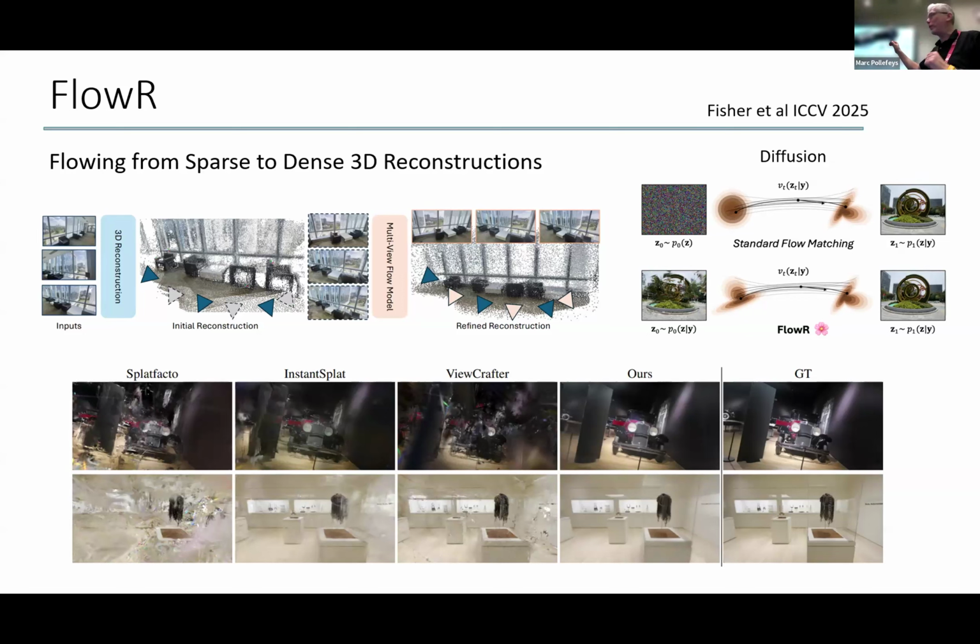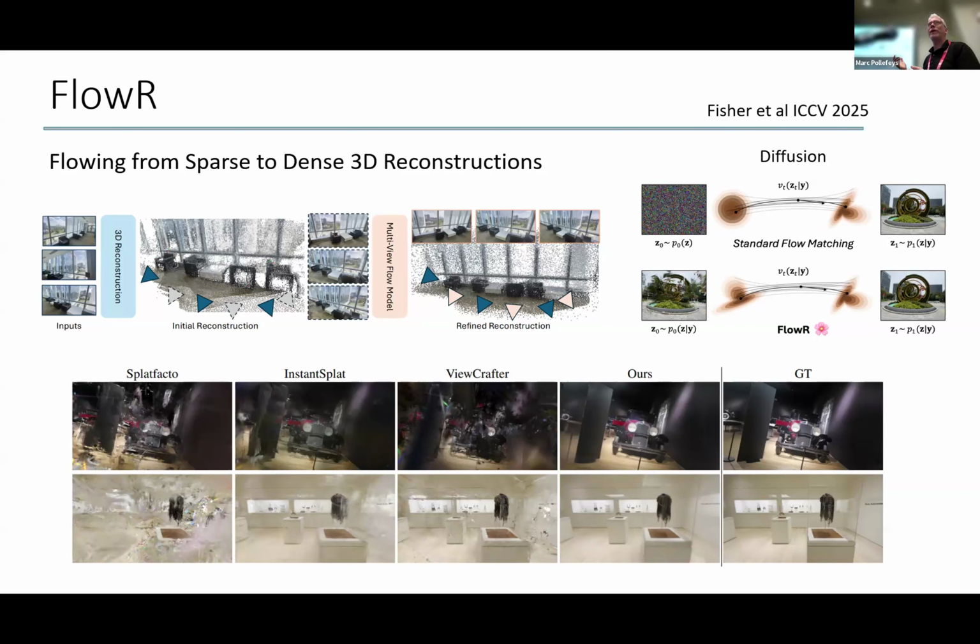This is not a perfect reconstruction, but then, leveraging the priors that are built into flow models and diffusion models, from the imperfect information of the initial reconstruction from the sparse set of views, we generate additional views, right? So we leverage the knowledge of how images look to complete the intermediate images, additional viewpoints, to allow us to then do a better reconstruction.